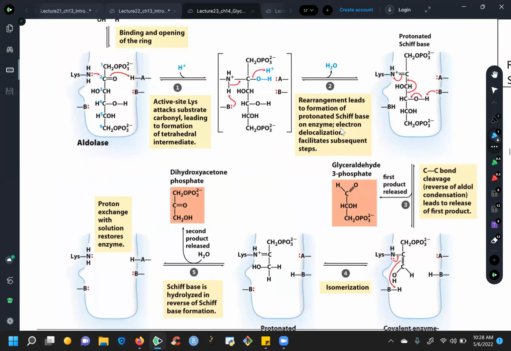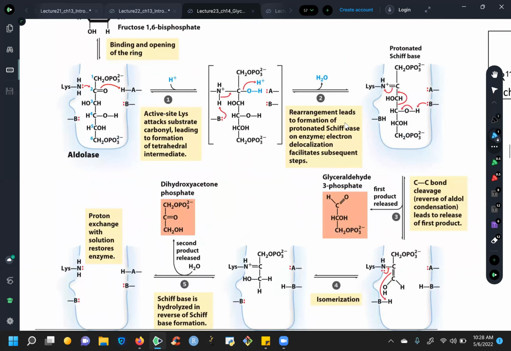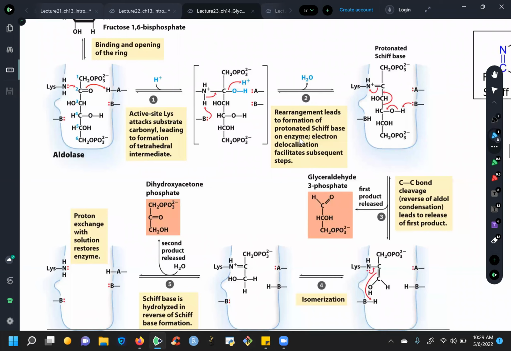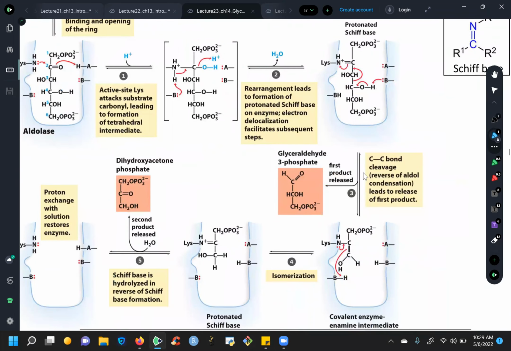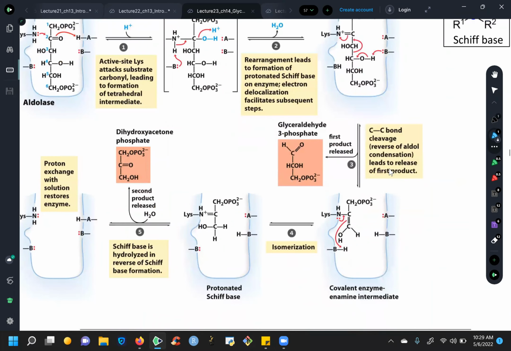And then step 2. Rearrangement leads to the formation of the protonated Schiff base on the enzyme, and you get electron delocalization, and that facilitates the subsequent steps. So you basically just follow the protons, but it's reorganization. And then for step 3, you have a carbon-carbon bond cleavage.